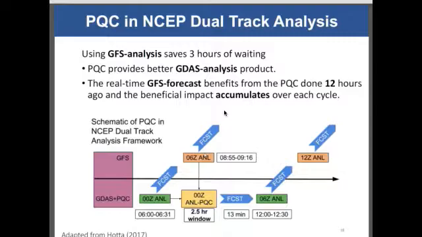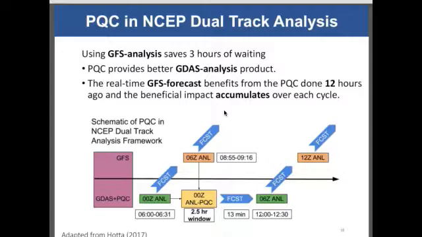Actually, that was your idea when we talked. Until this is available, we can perform EFSO and then do PQC. Then we make forecasts from the PQC-corrected analysis, and the beneficial impact will pass on to this final analysis here.